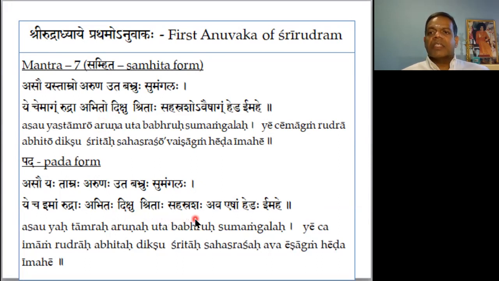Sahasrashaha, the Visarga has become O, and the next word is Ava.